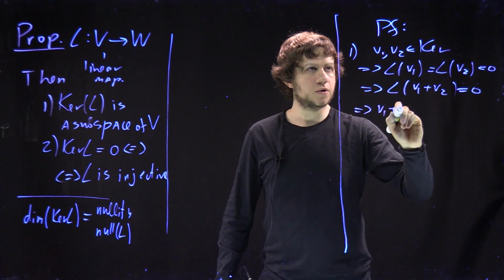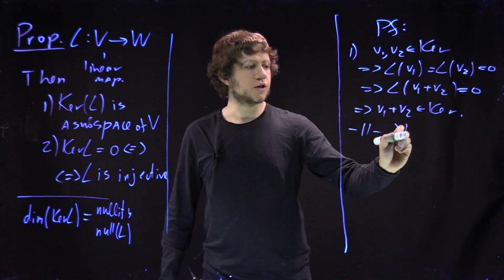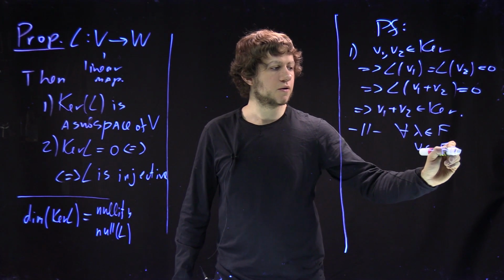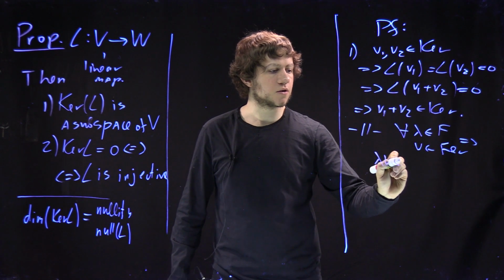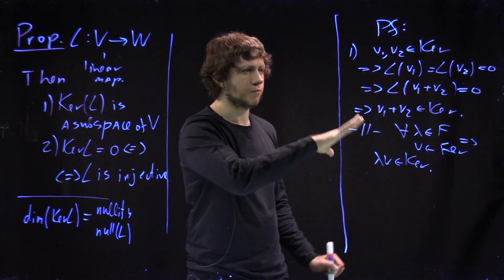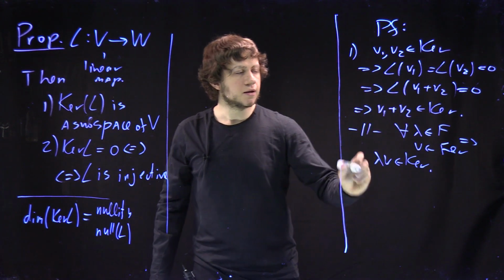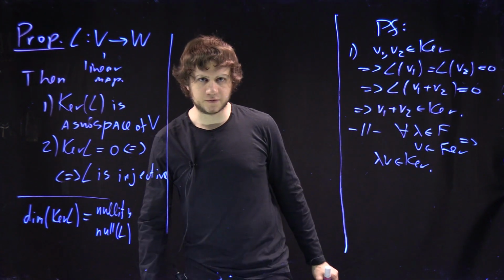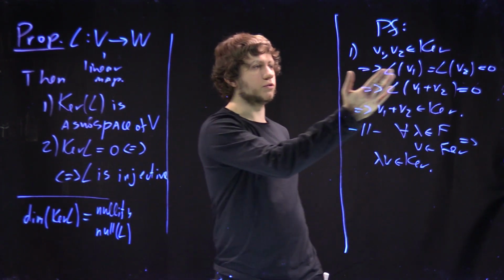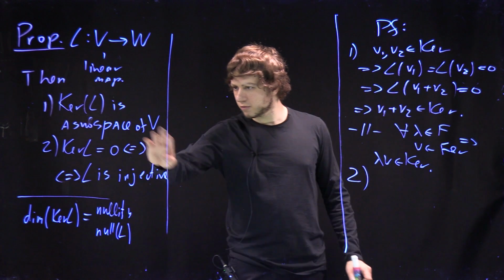So v1 plus v2 is inside the kernel. Similarly, for every lambda in F and v in the kernel, lambda v is in the kernel. When you sum up vectors which go to 0, their sum goes to 0. Similarly with rescaling. This proves that the kernel is a subspace of V. In particular, it always contains 0, because 0 goes to 0 under a linear map. So, second story, what about injective?